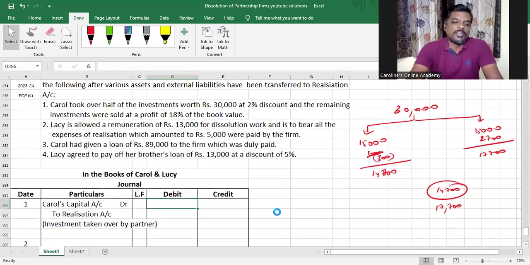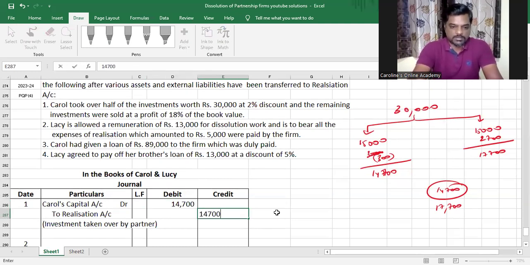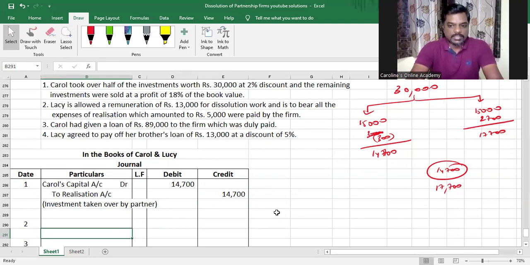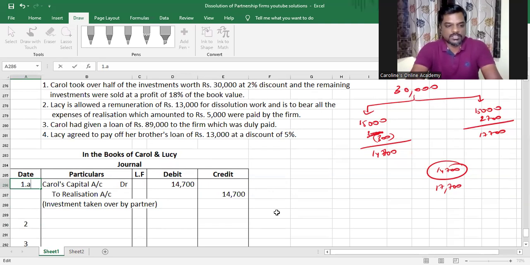Understood? That will be 14,700. And this is the first part of the transaction.